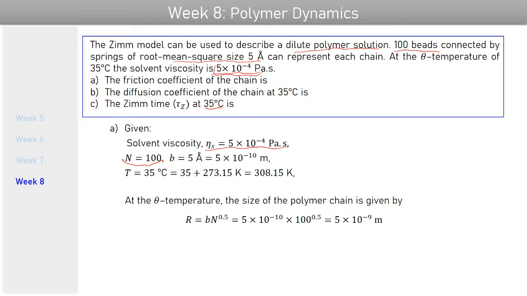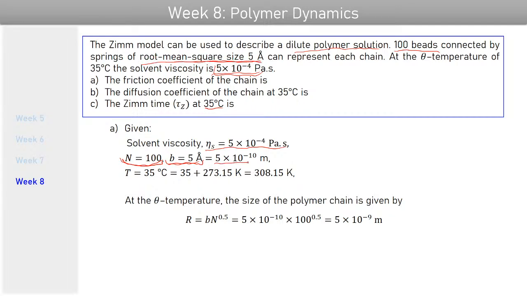So we have 100 beads and the corresponding interconnecting springs are there. So the number is 100. The size of our Kuhn monomer, which represents, let's say, one unit in the entire polymeric chain, that size is 5 angstrom, which is the size that's given here.